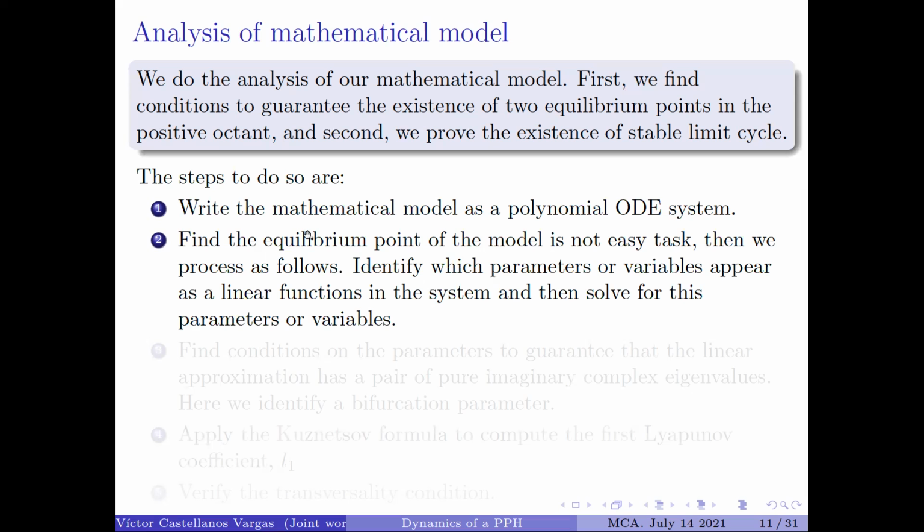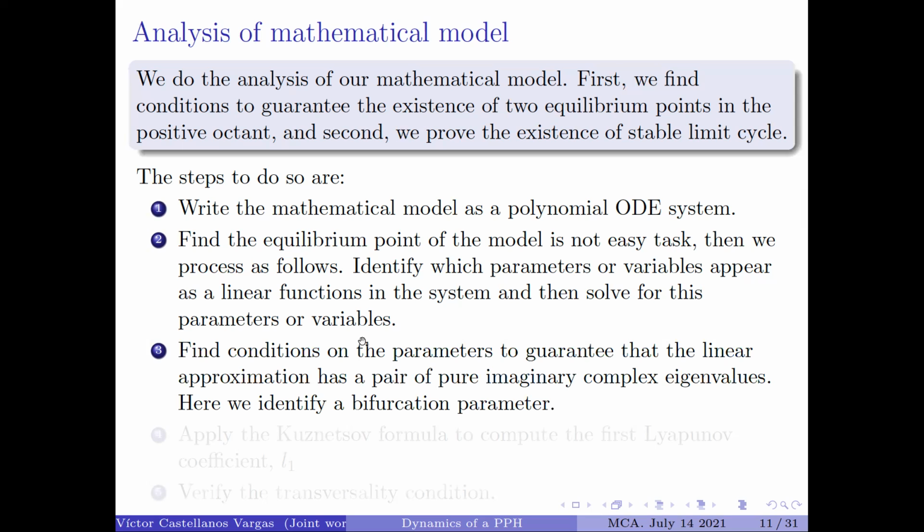If I solve the system for the variables x, y, and z directly, it is very difficult, and maybe I cannot do it directly. Then we do the next. First, identify which parameters or variables appear as a linear function in the system and then solve for these parameters or variables.